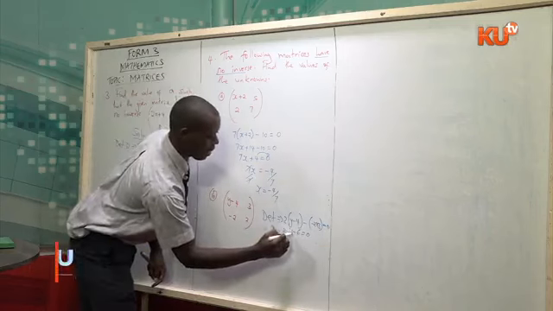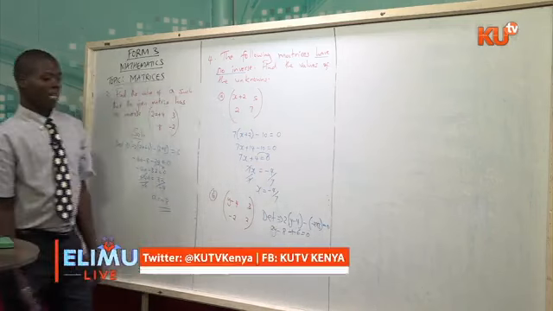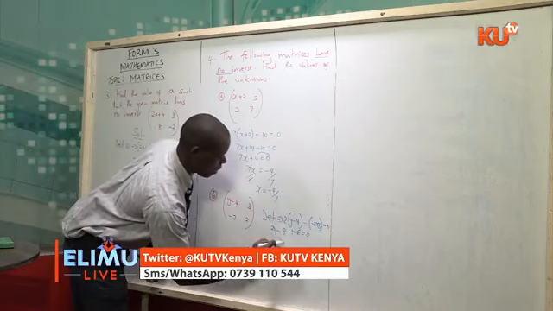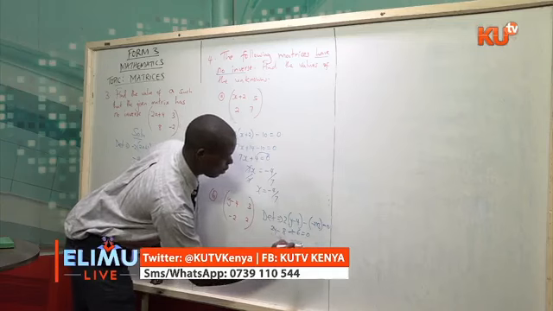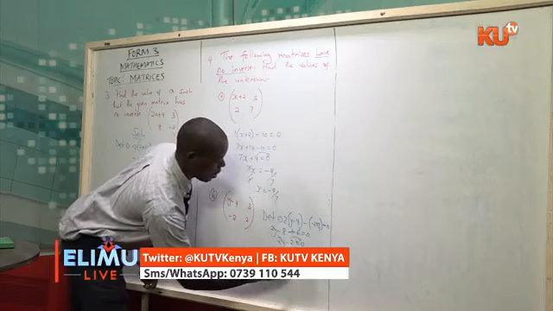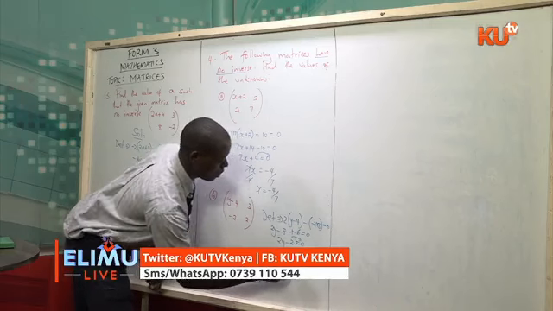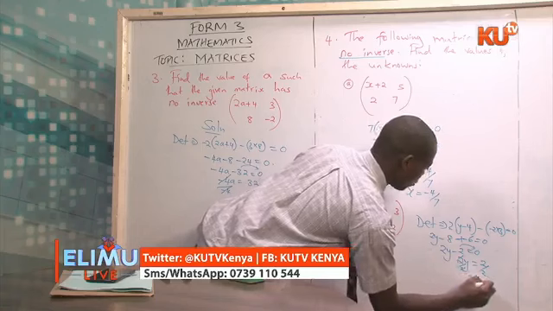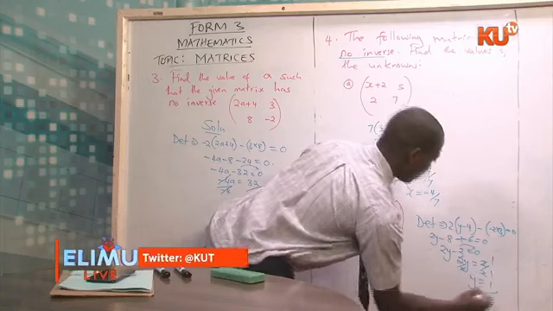Minus is plus, so we have minus 8 plus 6, that's minus 2. Therefore, 2y minus 2 is 0. Take minus 2 to the right side. 2y will be equal to 2. Then divide by 2 on both sides. You get y is equal to 1.